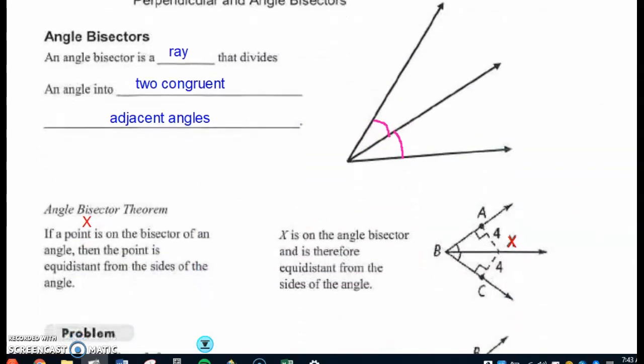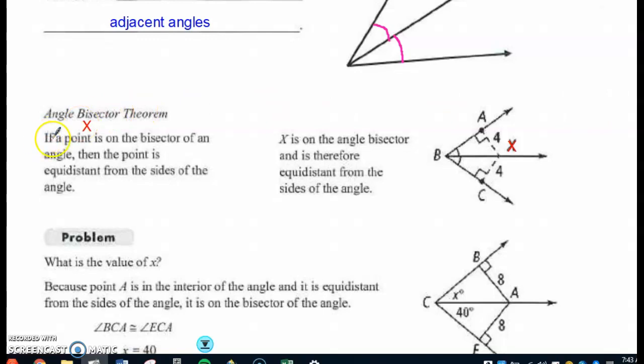And if we continue down, if a point, I'm going to call it X right here, this point X, if it is on, notice the word, on the angle bisector, then it is equidistant from the sides of the angle.